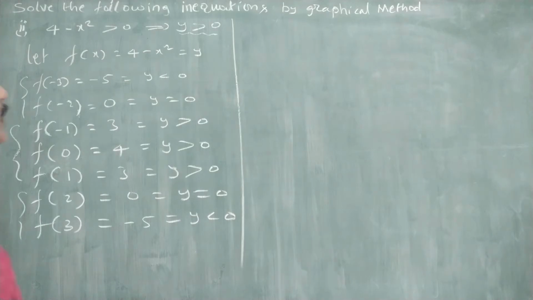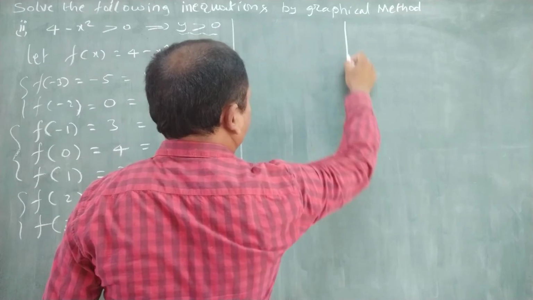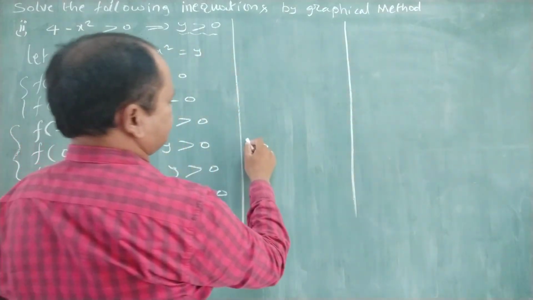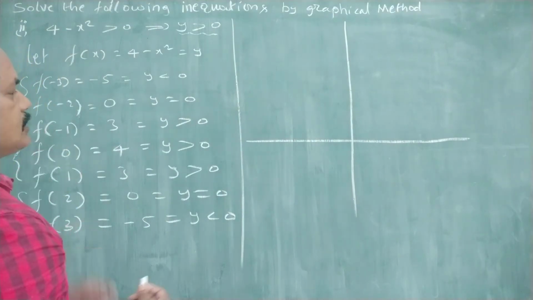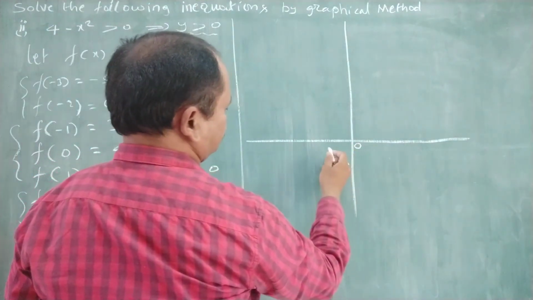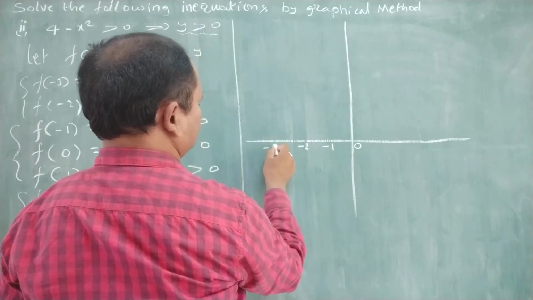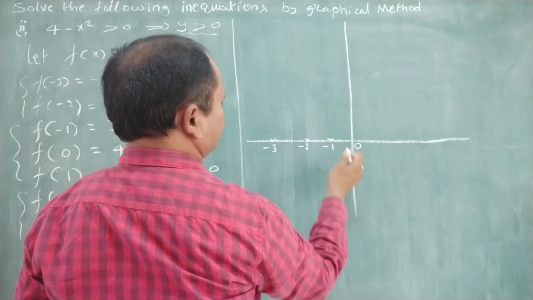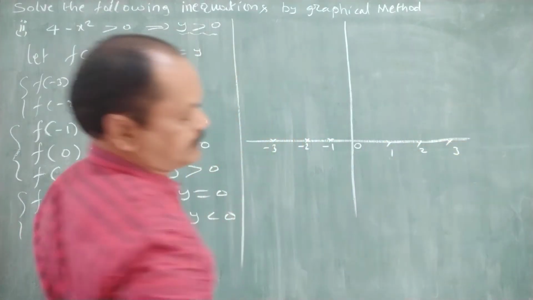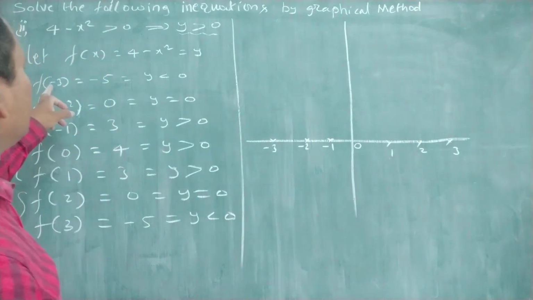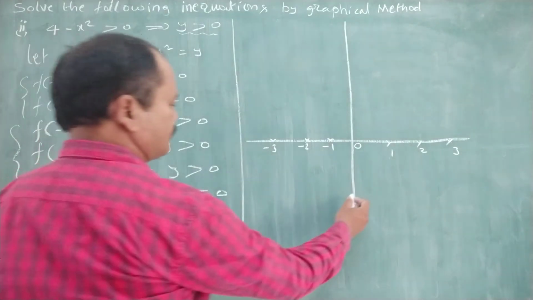Now here, this is taken as the y-axis, this is taken as the x-axis. Here it is 0, minus 1, minus 2, minus 3, and 1, 2, and 3. Now f of minus 3 is minus 5.